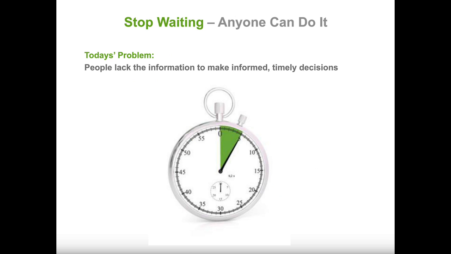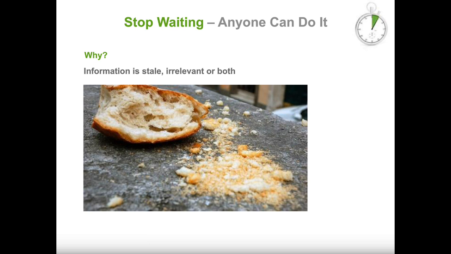The challenge today is users lack the information they need to make important, timely decisions. They have to rely on others in order to do analysis for them. So why is this? For one, information is often stale or out of date. People wait for IT in order to give them the data they need to make decisions. And so as a result, they're relying on their gut in order to make those important business decisions. And IT is busy as well.